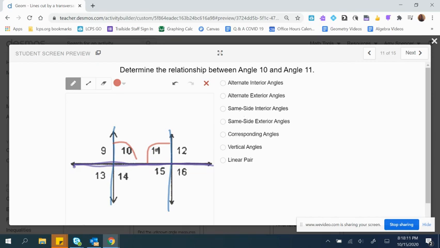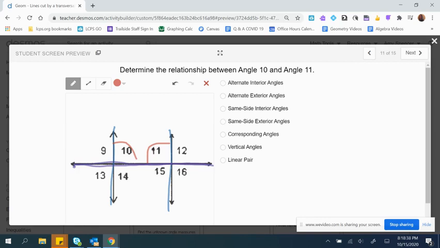And so when I look at 10 and 11, I can see that they are both occurring above my transversal. They're both on the top side of that purple transversal. So that means that we're talking about a same side. So it could be same side interior, could be same side exterior. And remember, corresponding angles also happen on the same side. Linear pairs also happen on the same side of the transversal sometimes, depending upon where they are. So that can help to narrow our choices down.